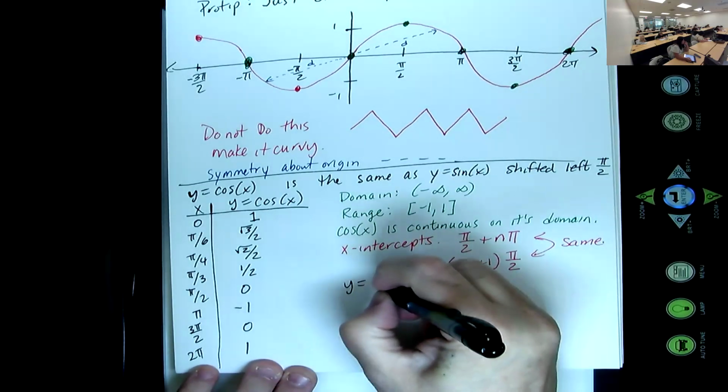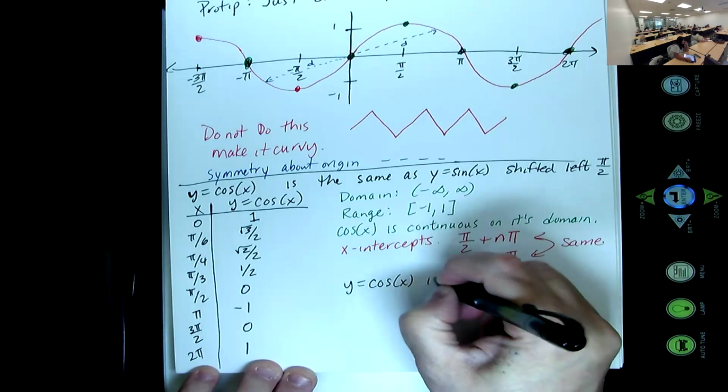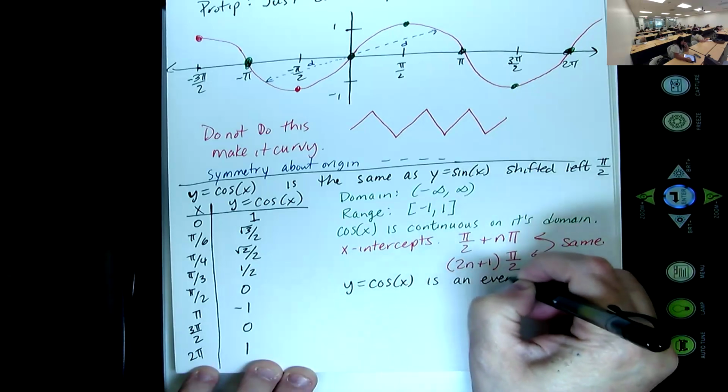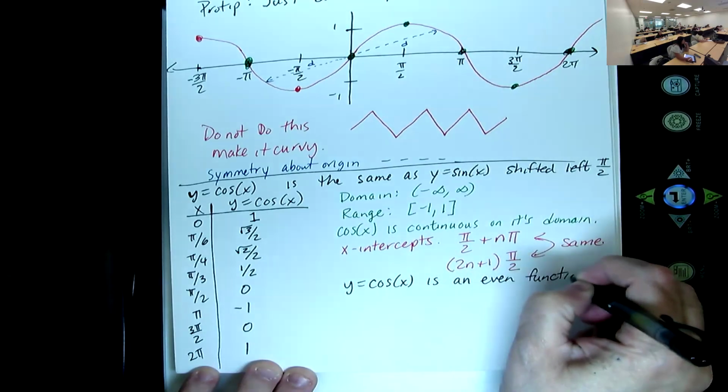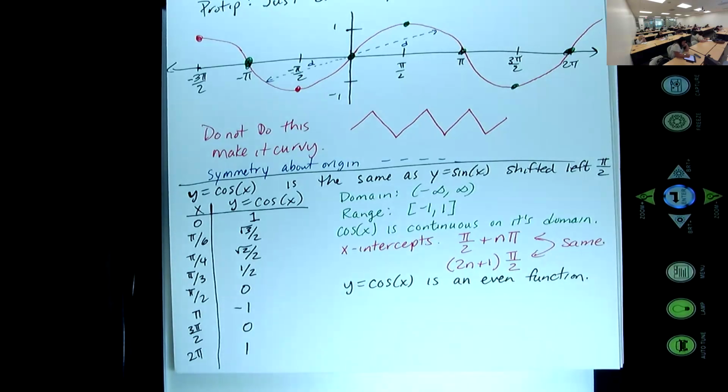Y equals cosine x is an even function. So like the odd function, we stuck in negative x and it made the function negative.